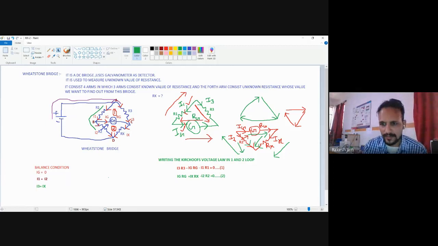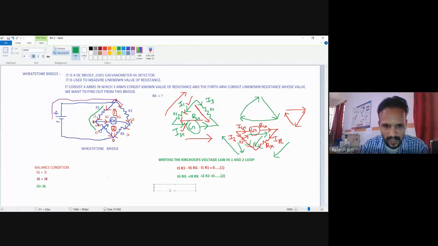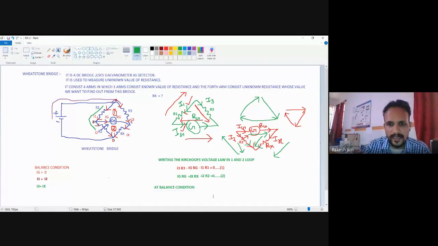Okay, now see what will happen at the balance condition. Now see, with this purple color I am going to teach you what will happen at the balance condition.